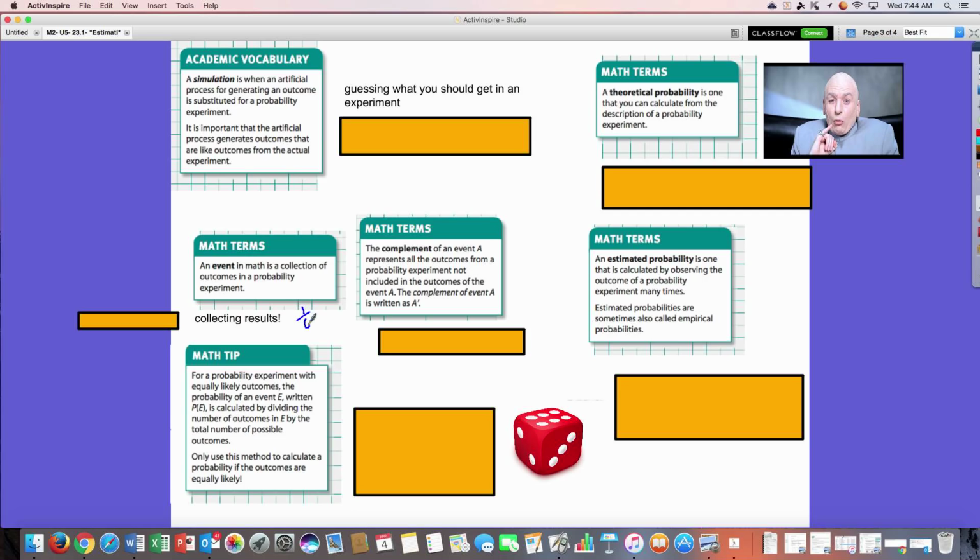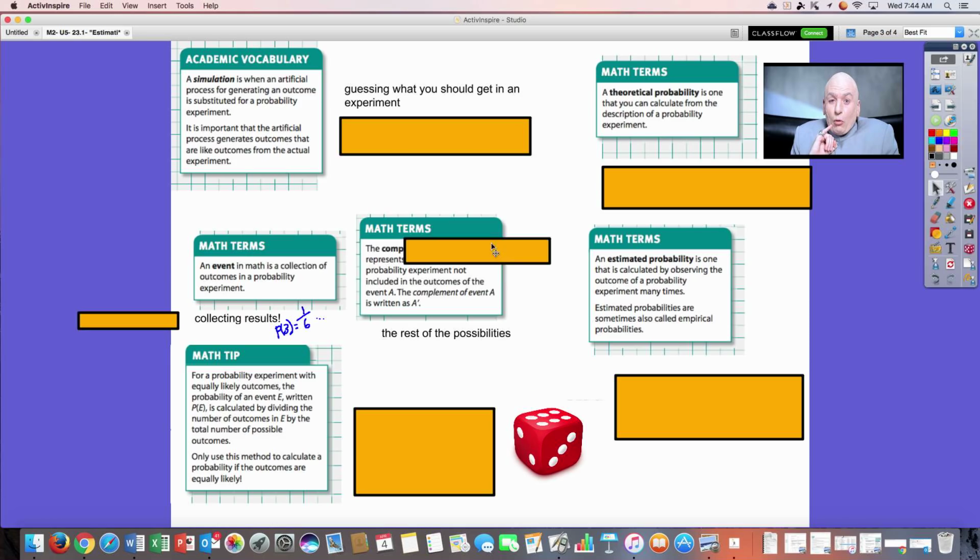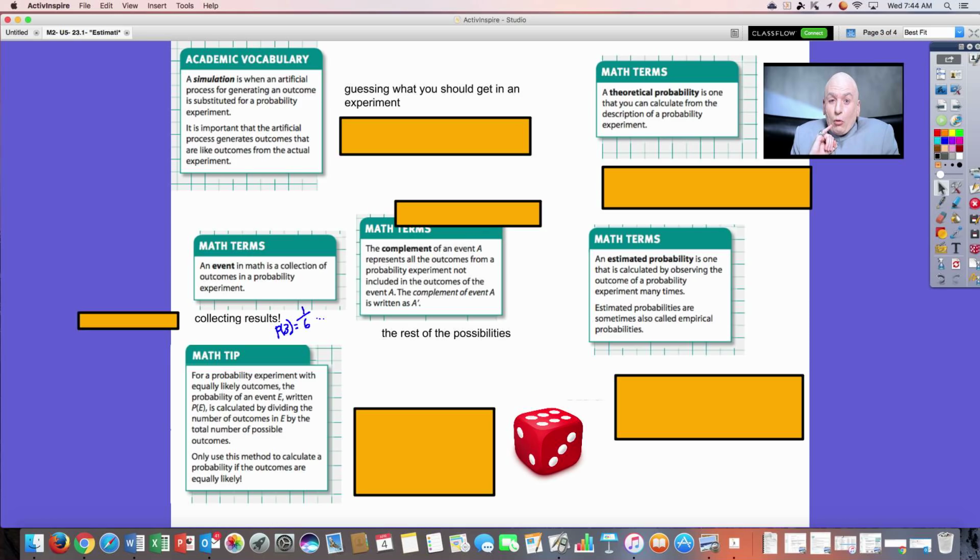There's only one side. So I could write the probability of getting a 3 is 1/6. The complement of that is the opposite, all the rest of the possibilities. So the complement is 5/6. And again, they have to equal 1 whole.